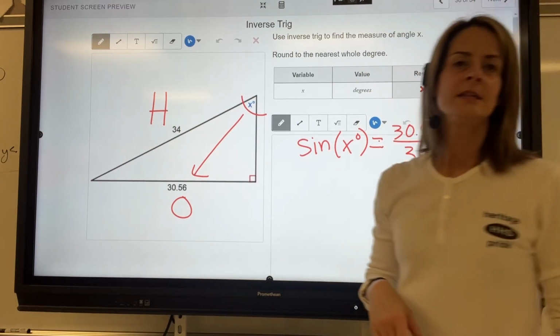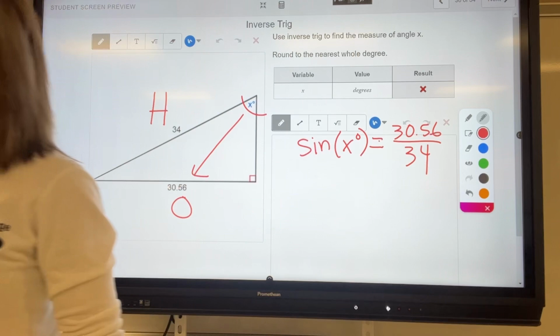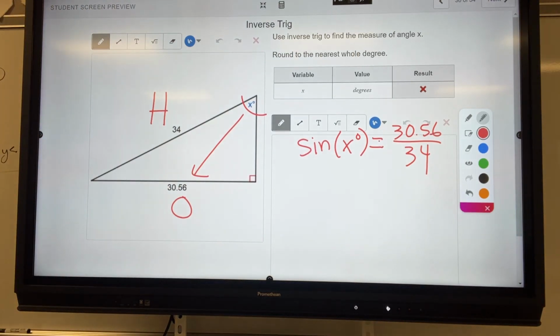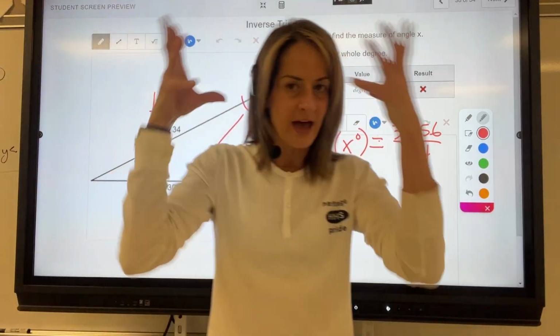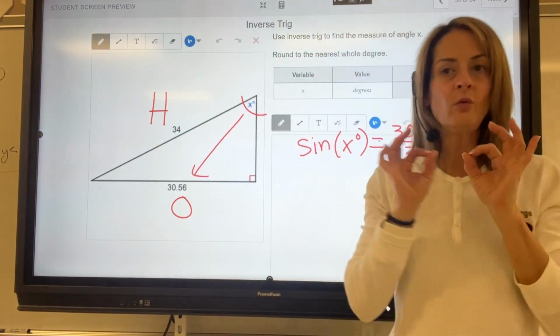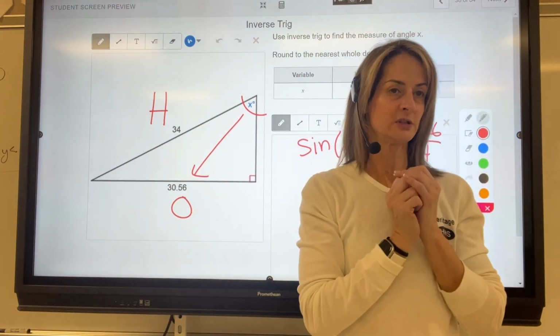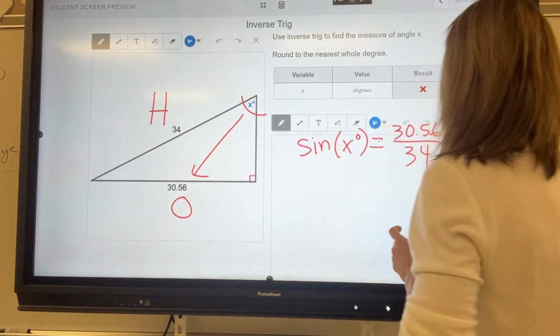Now, to find the measure of the angle, currently it's inside a function. We have to undo that function. And the only way we can do that is by using an inverse function. So it looks like this.